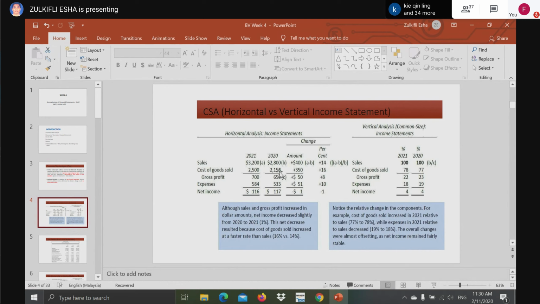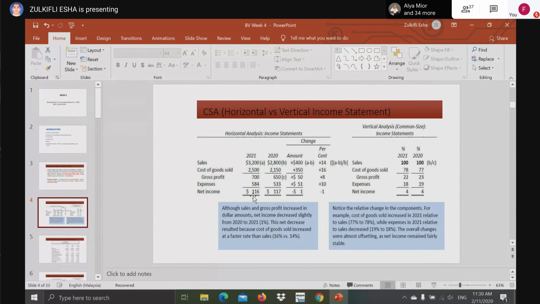Because in 2020, yes, our amount of sales is not that high, but our expenses are also low. So that's why we managed to get 117 net income. But as we move to 2021, even though our amount of sales increased from 2,800 to 3,200, our expenses and the cost of goods sold also increased.